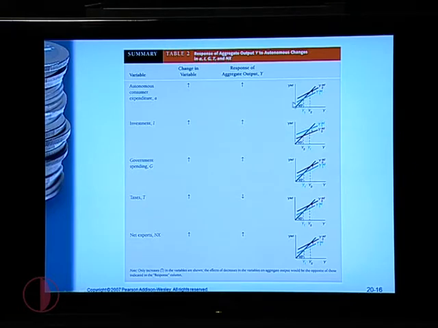When investment I increases, aggregate output also increases. When government spending increases, aggregate output increases. But when tax is imposed, the variable increases but aggregate output decreases, as we can see from here. Net export also has a positive relationship: when it increases, aggregate output also increases.